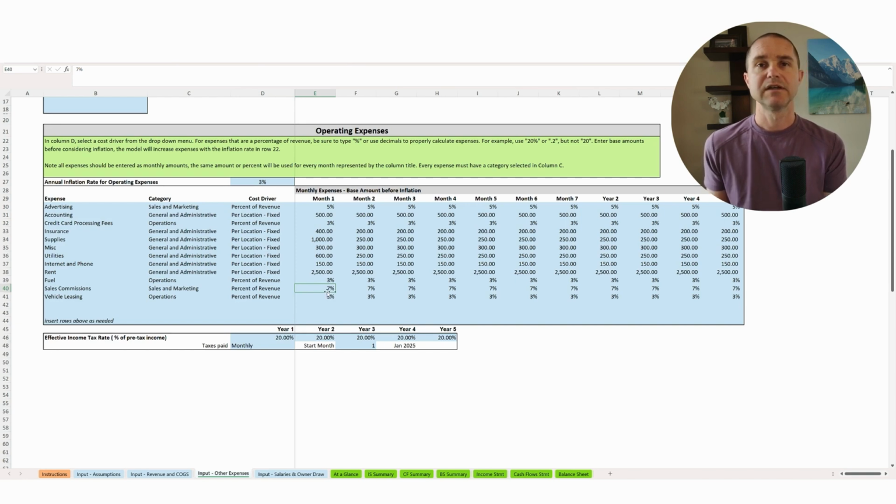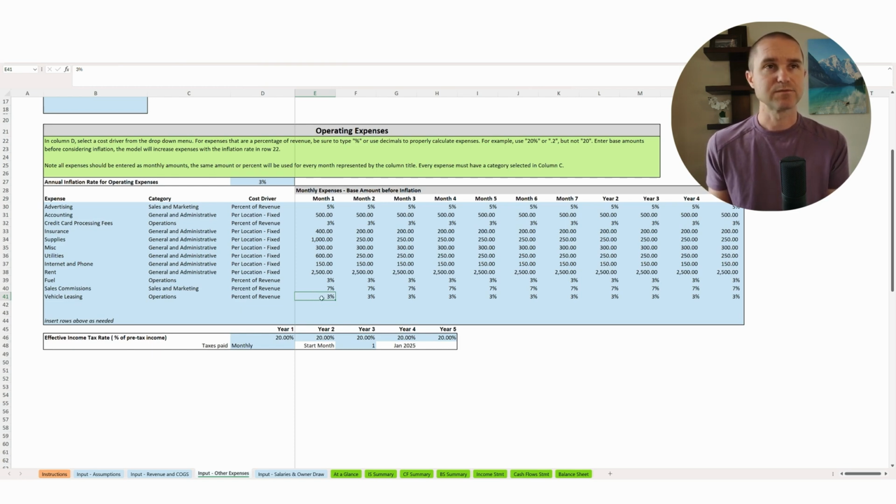Sales commission. Rather than adding a specific salaried employee that's a salesperson, I just said, we know we're going to spend about 7% of revenue on paying a sales team. And so that comes through here on the sales commissions. Again, I had mentioned at the beginning, instead of buying a vehicle, I'm going to lease a vehicle. I'm going to estimate that at 3% of my total revenue is what I'm going to spend on vehicle leasing.